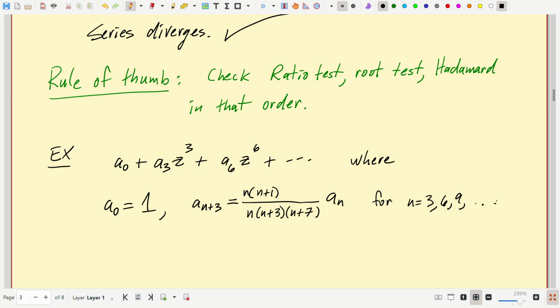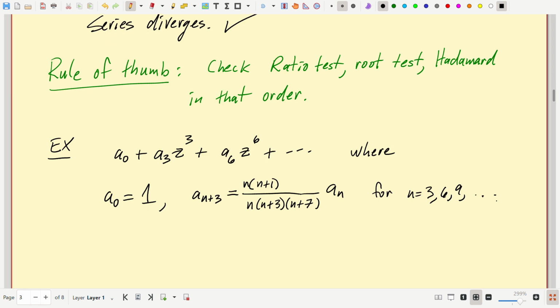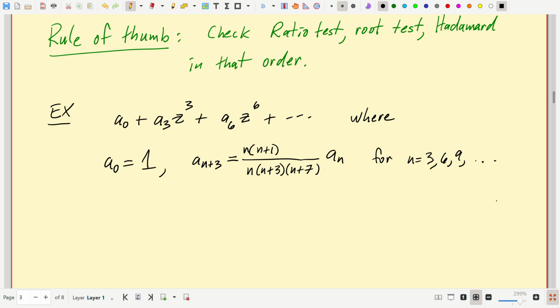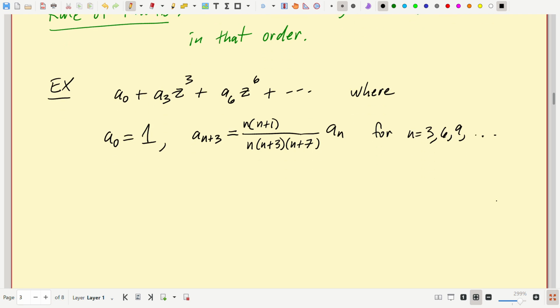So finding the coefficients would be a bear. And Hadamard's formula would be tricky. But the ratio test, here's how I like to think about the ratio test.